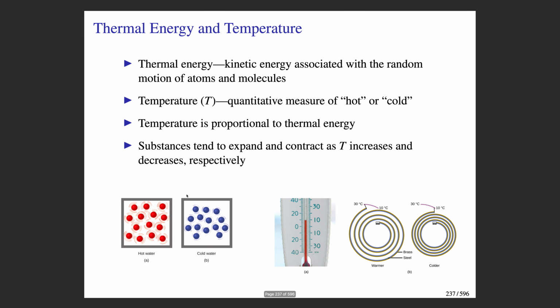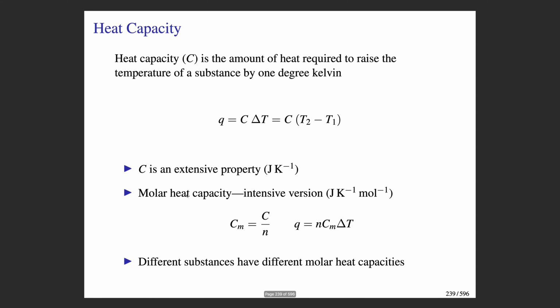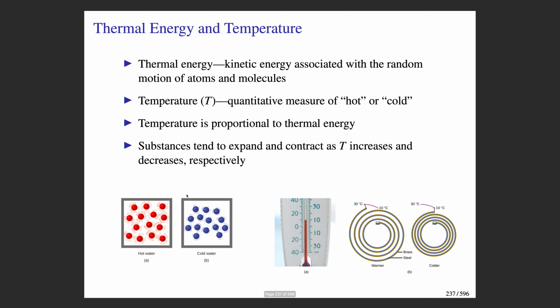Yes, I think this is going to be our last slide of this topic. Thermal energy and temperature. They sound similar, but they're actually different quantities. They're related to each other, though. So thermal energy is the kinetic energy of all of the atoms and molecules within a given system.